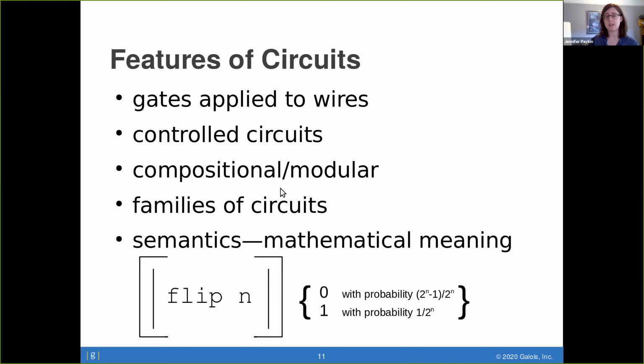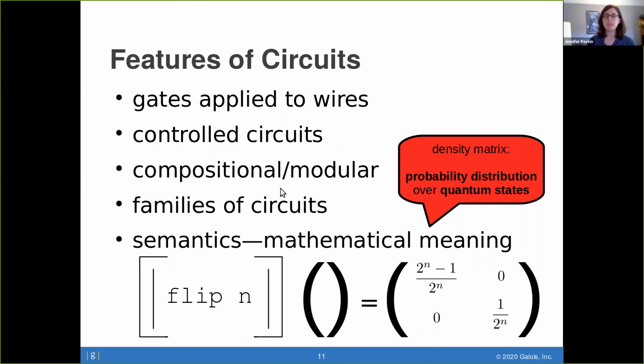In particular, we can describe not just the probabilistic specification of the measurement results, which is what we've described here, but in fact, we could describe the behavior of a quantum program as a probability distribution over quantum states. These are encoded via representations that are often called density matrices. So the semantics of this flip circuit is going to be represented as a probability distribution over quantum states.